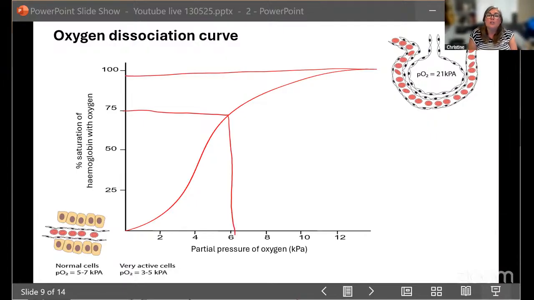At which partial pressure of oxygen will the hemoglobin only be 75% saturated? At which point would it be 50% saturated? And so forth. I've just made this graph myself, so these are not the right values that they will give you in the exam.